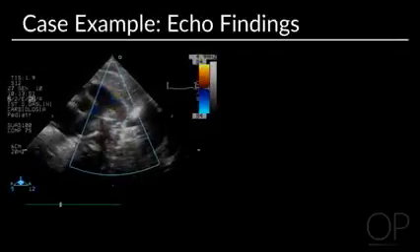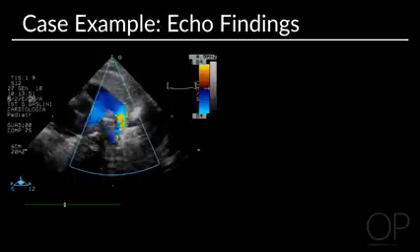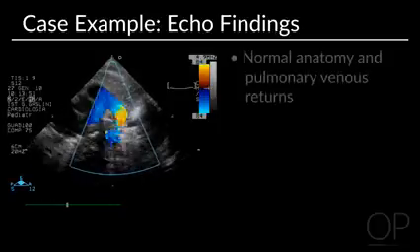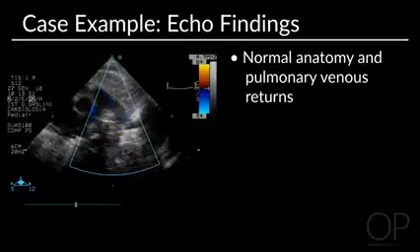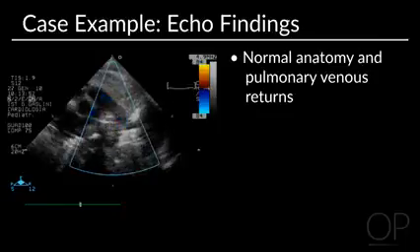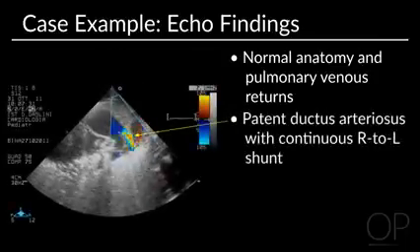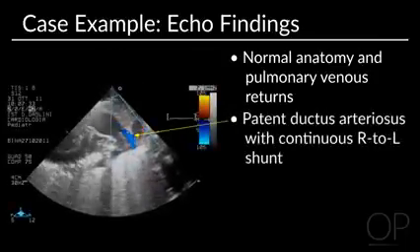So the findings on admission at echo are a normal anatomy with normal pulmonary venous return, so there isn't an obstructed total anomalous pulmonary venous return. The PDA is big with a right to left shunt.